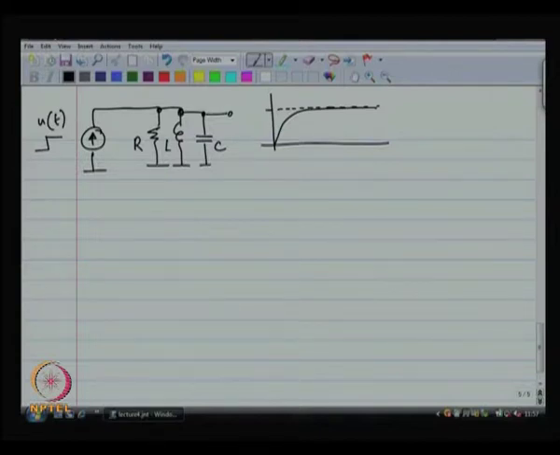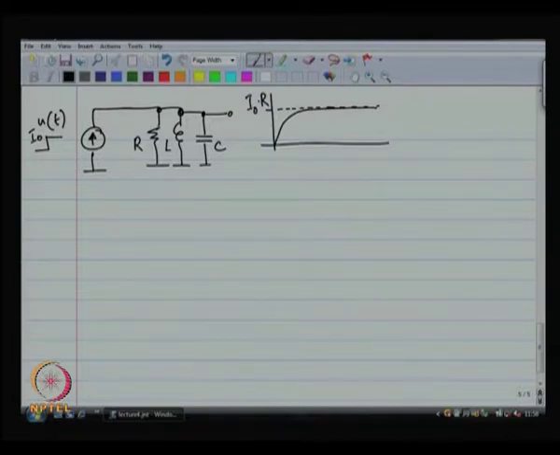Is this okay? So, this is what is going to happen if it was just an RC, and now what is this value going to be? Now, on top of it we also have an inductor.